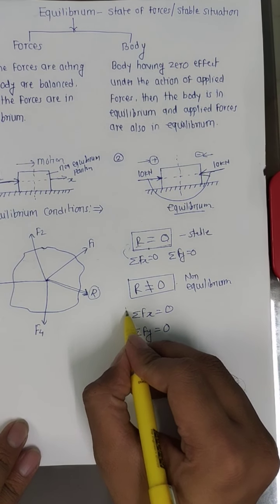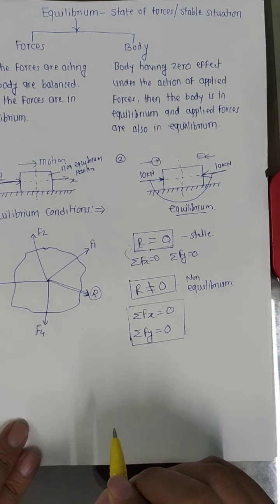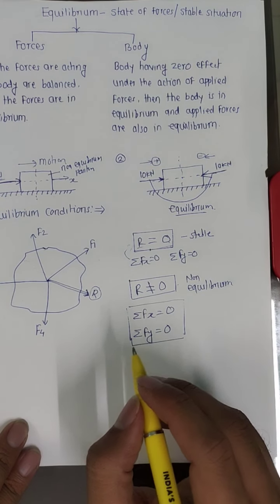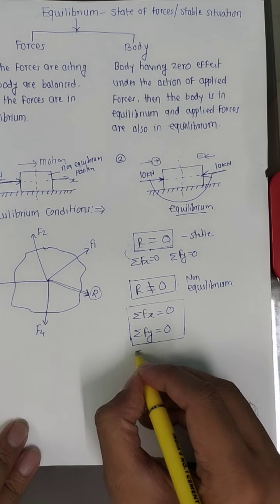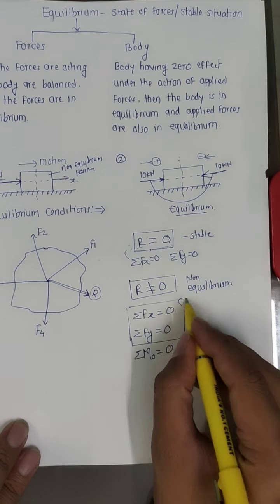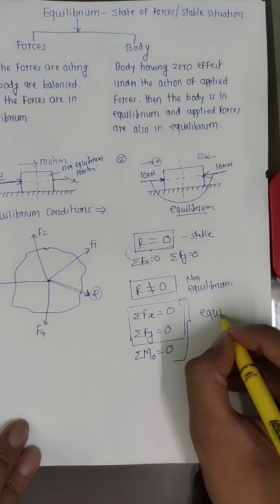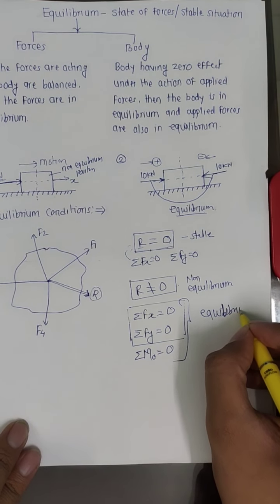These are the basic equilibrium conditions of engineering mechanics. In upcoming lectures, a third equilibrium condition will come: the summation of moments at a given point is equal to 0. These are the three equilibrium conditions in engineering mechanics, which are very useful for solving numericals.